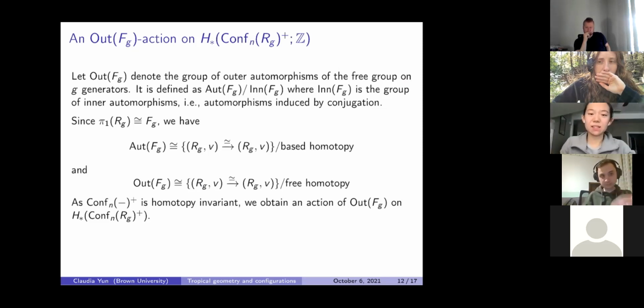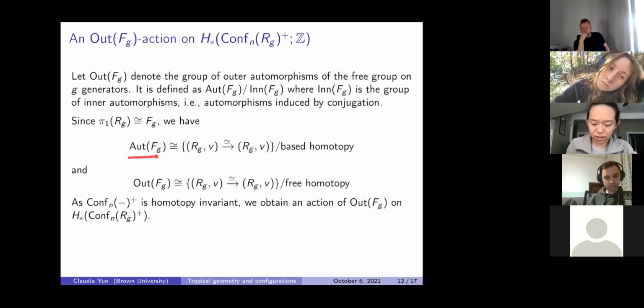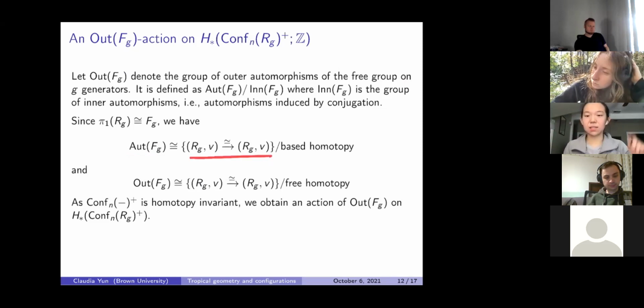And we can see how Out of FG acts on conf and RG plus. Because pi1 of RG is the free group on G generators, since each circle in your wedge is going to contribute a generator, the automorphism group of RG is going to be all the self-homotopy equivalences on RG modded by based homotopy.